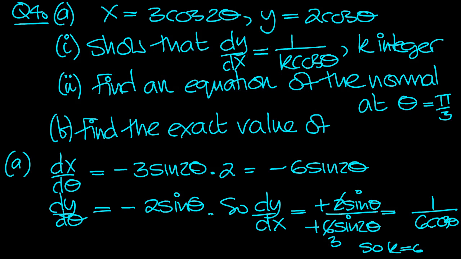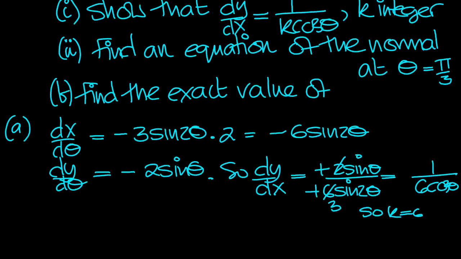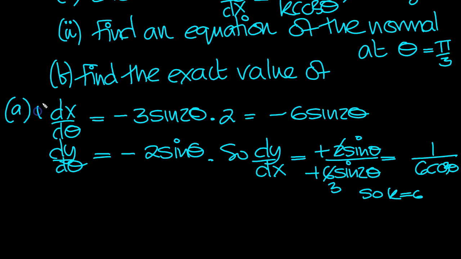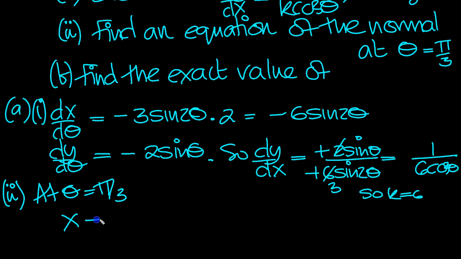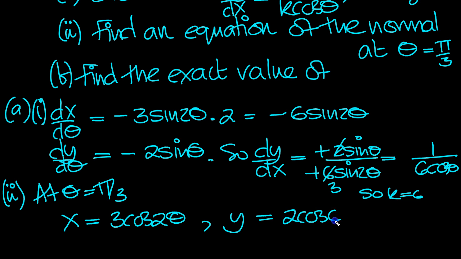Find an equation of the normal now at the point when theta is equal to pi over 3. So let's get the coordinate first. So part 2. At theta equals pi over 3, x is equal to 3 cos 2 theta, and y is equal to 2 cos theta.